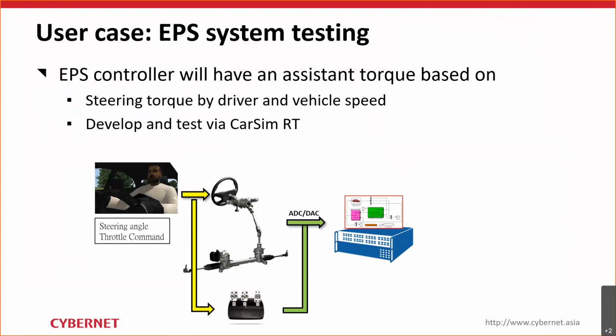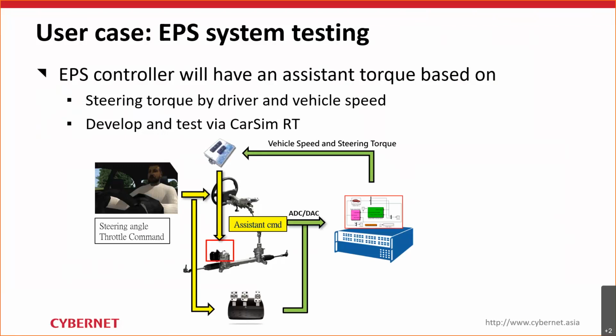Once CarSim gets the driver input, it will calculate the steering torque and the vehicle speed, and send it to the target controller. The target controller will control the assistant motor to fulfill the EPS system.